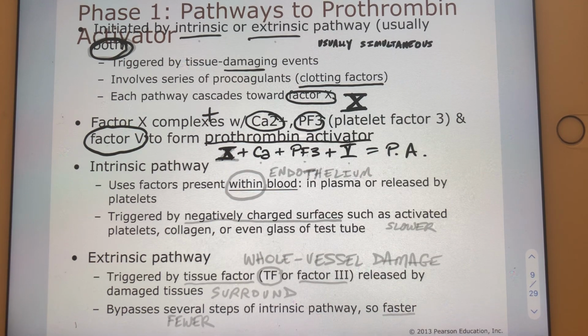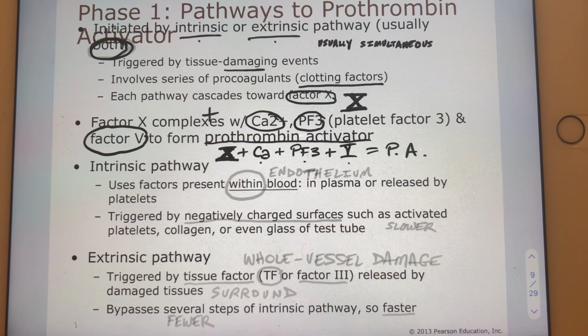Okay? So even though we get to factor 10 along a different pathway for the intrinsic route than via the extrinsic route, they both yield activated clotting factor 10, and then that clotting factor 10 combines with calcium, platelet factor 3, and activated clotting factor 5 to produce prothrombin activator.